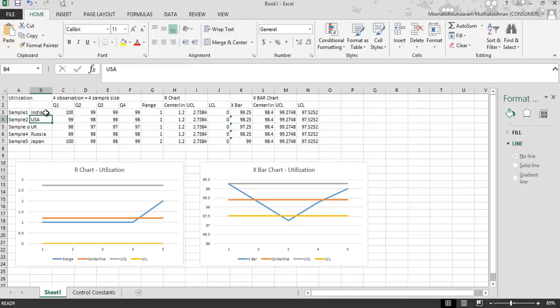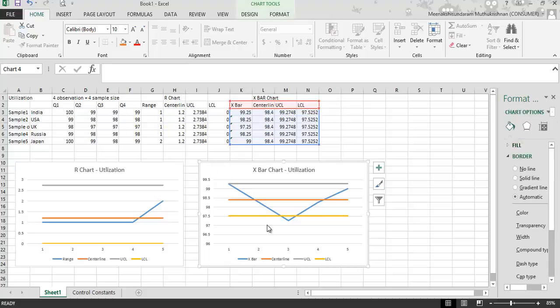These kinds of mappings and comparisons can be effectively shown by the simple chart. By just looking at this chart, the top management can easily understand how it is performing.